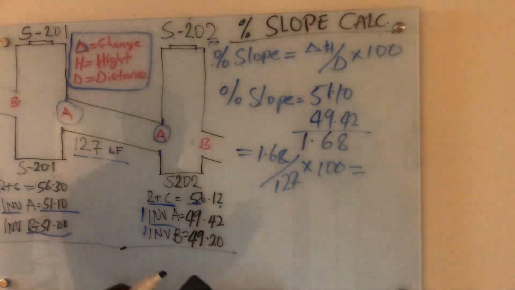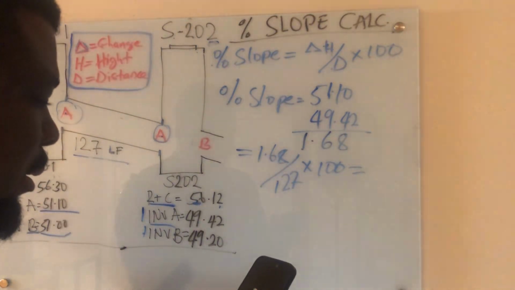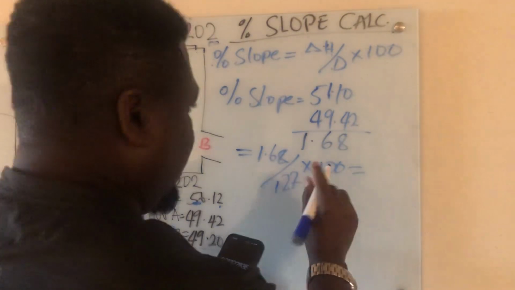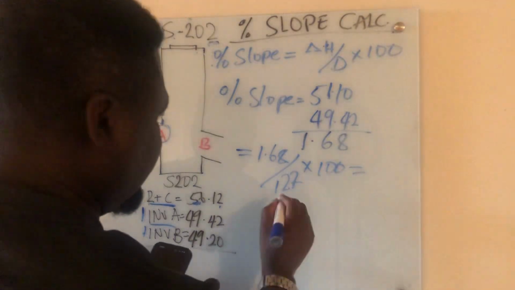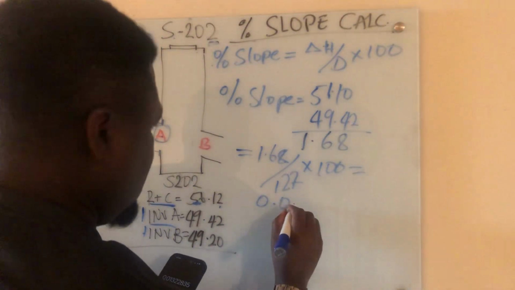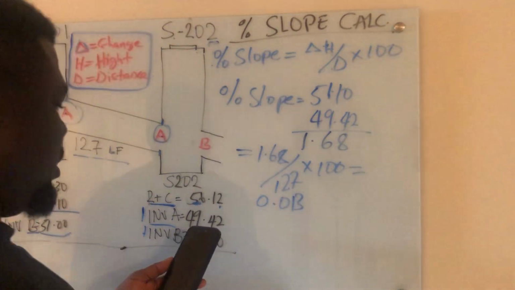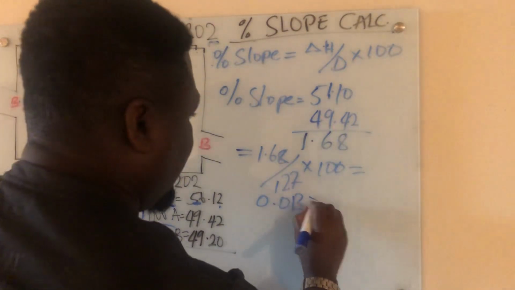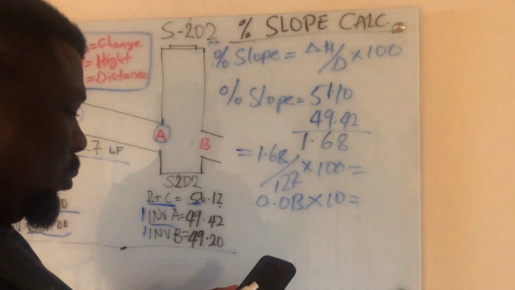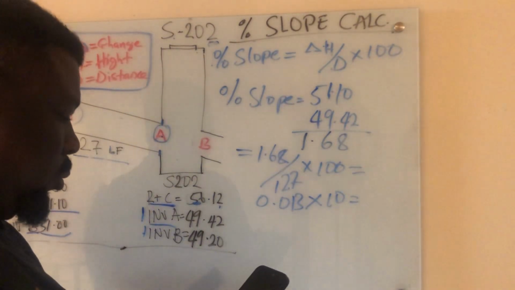I divide 1.68 by 127, and my initial answer is going to be 0.013. So if I multiply that by 100, my answer is going to be 1.32.